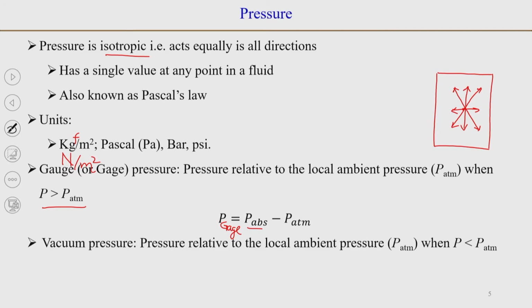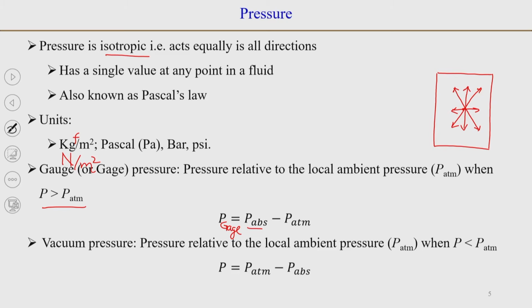If pressure at a point, in a vessel or in a reactor, is less than atmospheric, then it is known as vacuum pressure, or if we talk in terms of gauge pressure, then the pressure will be negative.